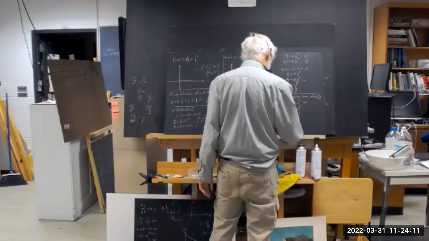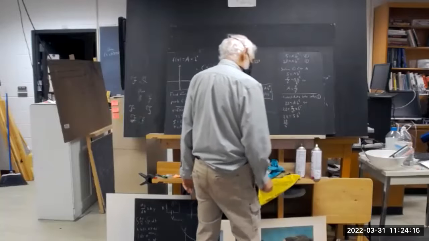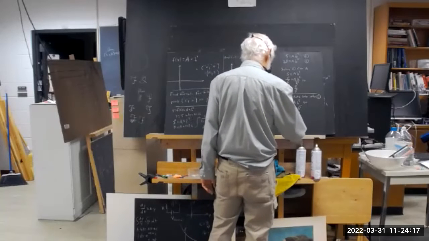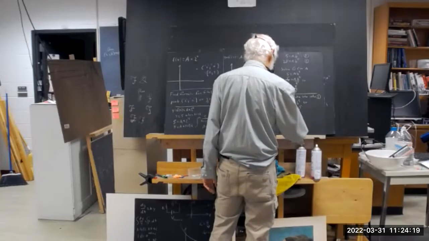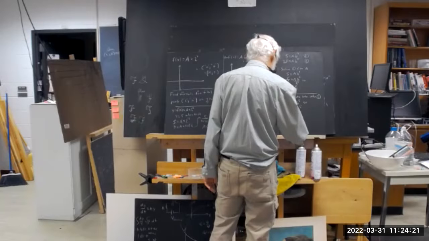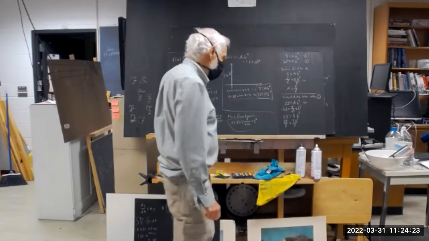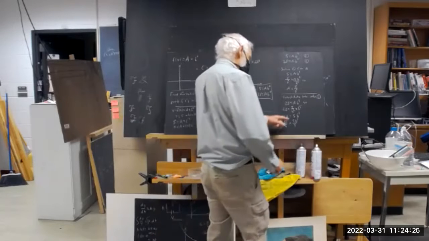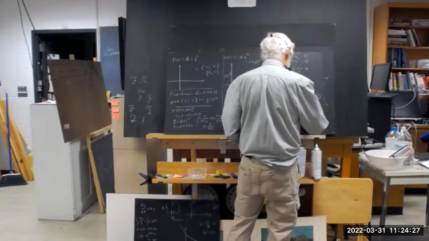So the b cubed, divide both sides by 5. We're trying to isolate b. And this 5b cubed over 5 is just b cubed.